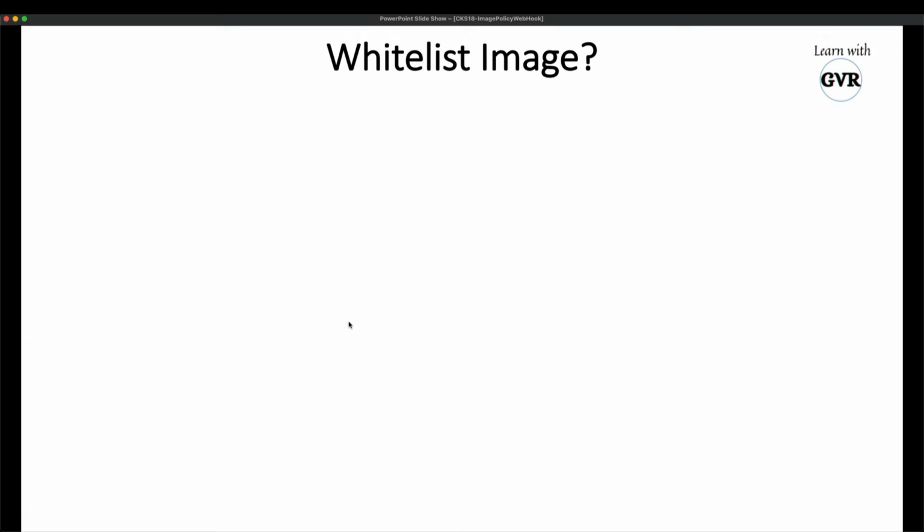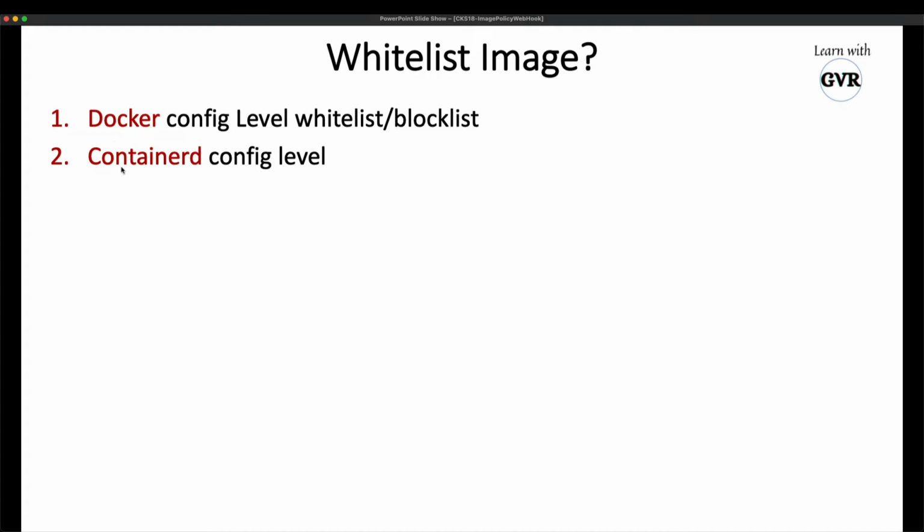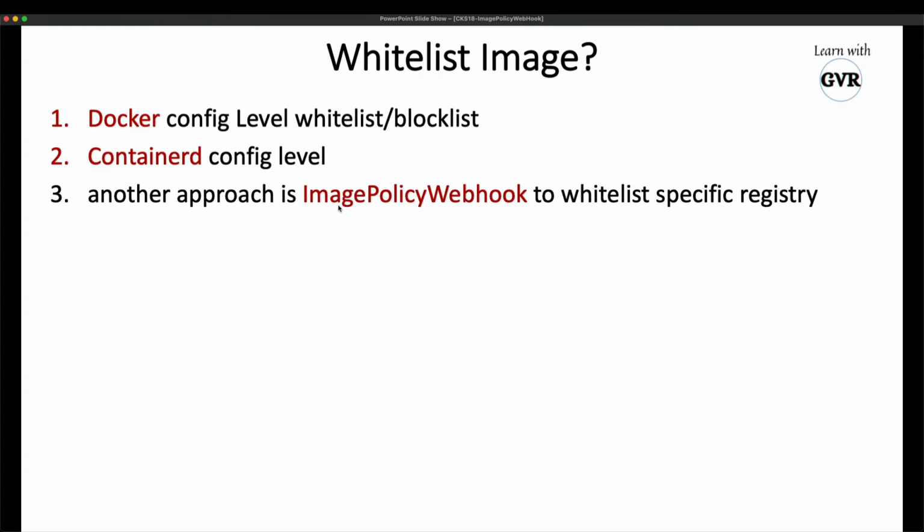Ultimately, you will be achieving security. To whitelist in a Kubernetes cluster, there are various ways. First is the Docker configuration level, where you can whitelist or blocklist the registries from which you can download Docker images. If your machine is not using Docker, and uses containerd, as in the latest 1.23, you can achieve the same whitelist and blocklist in the containerd configuration. Another better approach is ImagePolicyWebhook, a Kubernetes feature to whitelist specific registries.